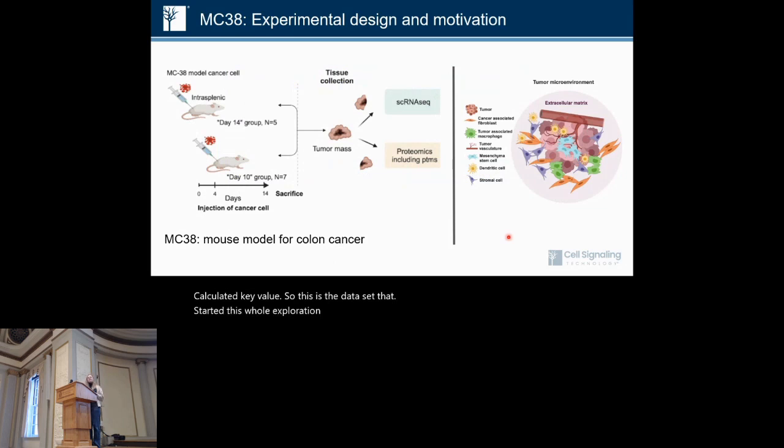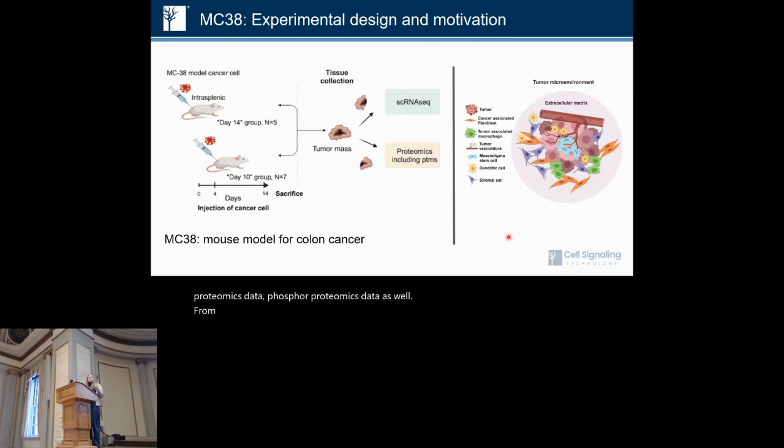So this is the data set that started this whole exploration. It was collected a long time ago by someone in my lab, and she hadn't really known what to do with the results. Basically, she injected mice at different time points with cancer cells and was very curious about the development of the cancer along these different time points. She collected both single-cell RNA-seq and proteomics data, phosphoproteomics data as well from this.